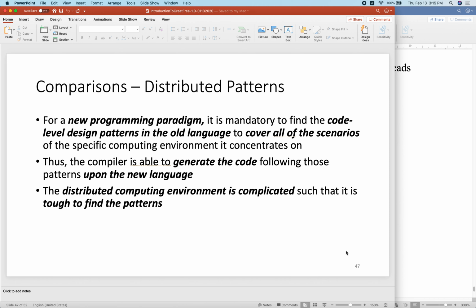And for such a programming language, we need to know the code structure, because my system is based on Java.